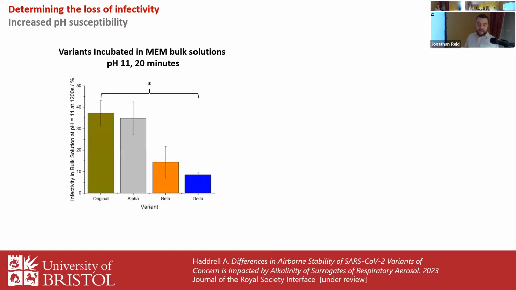A bit later on in the pandemic, we got our hands on the different variants of concern, and we see that as the virus has evolved, they become more susceptible to high pH. So this phenotype was selected for as the variants evolved over time.